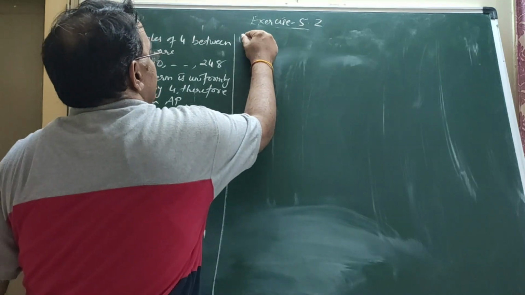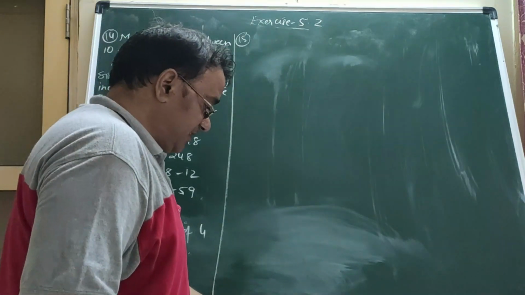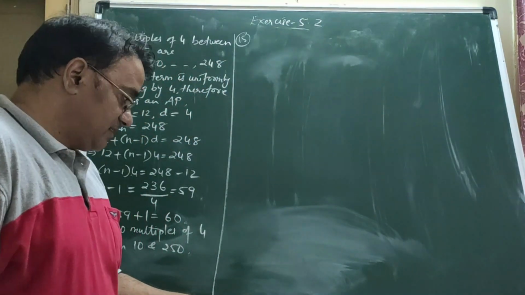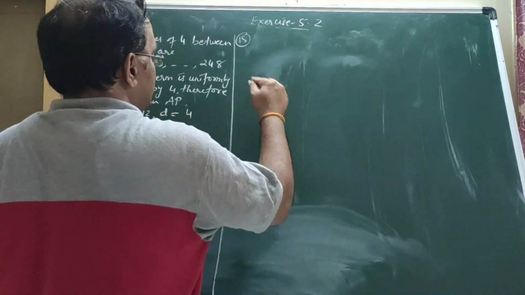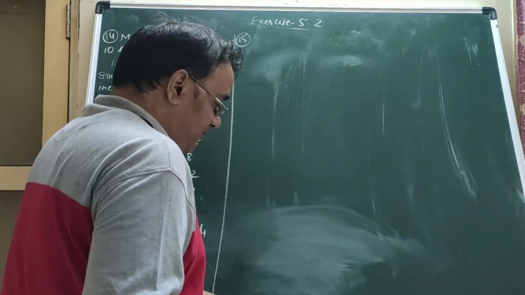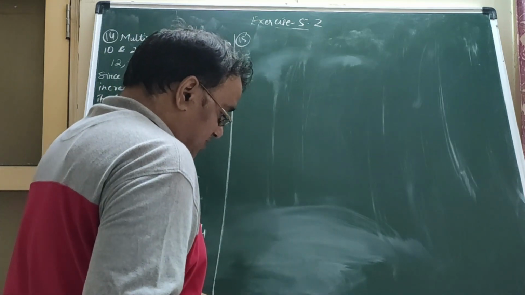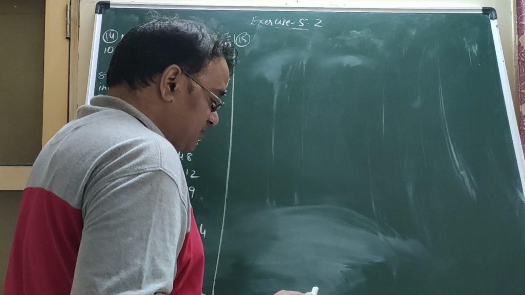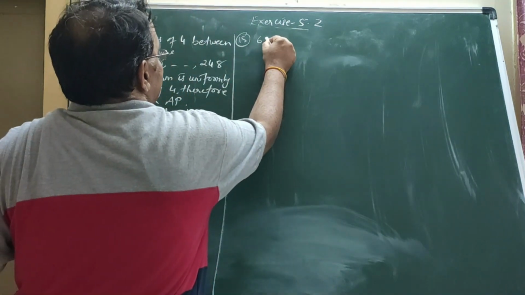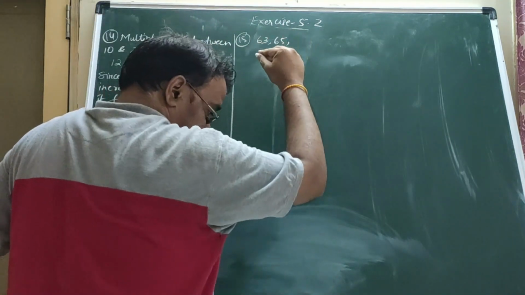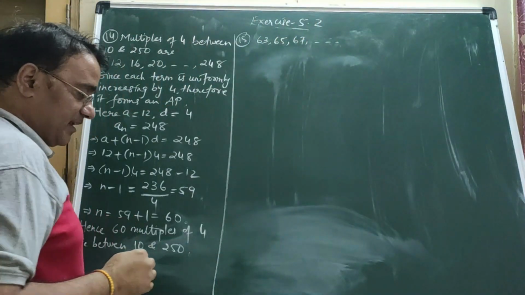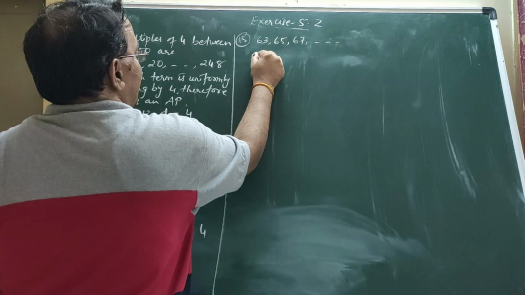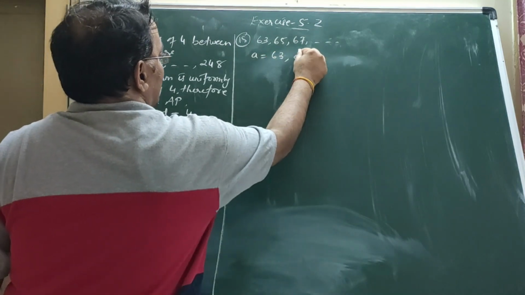Question. 15th question is very important. 15th question इस साल बोर्ड एग्जाम में भी आया हुआ क्वेश्चन है. For what value of n are the nth terms of 2 AP? So first AP मैं लिख रहा हूँ 63, 65, 67, so on. This is the first AP. So first AP में what is A? 63. What is D?